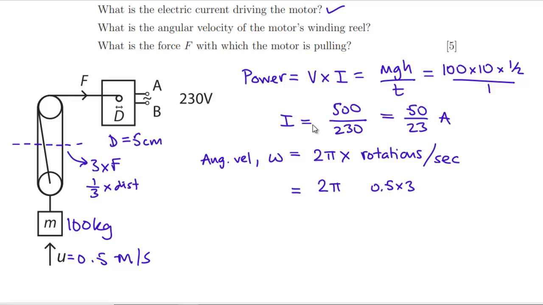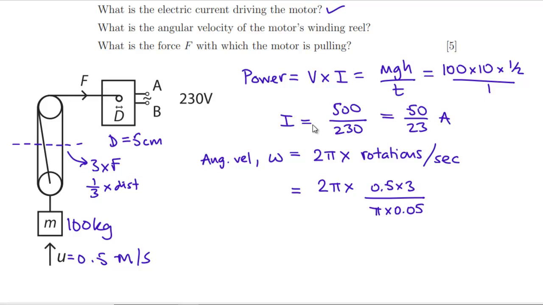We need to multiply that by 2 pi. But that 0.5 times 3, we need to divide by the circumference in order to say how many rotations we've done in 1 second. So the circumference is pi times d, so that is pi times 0.05.